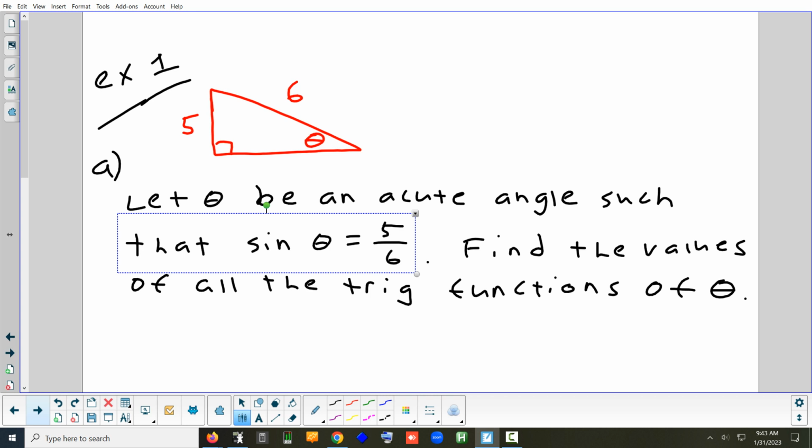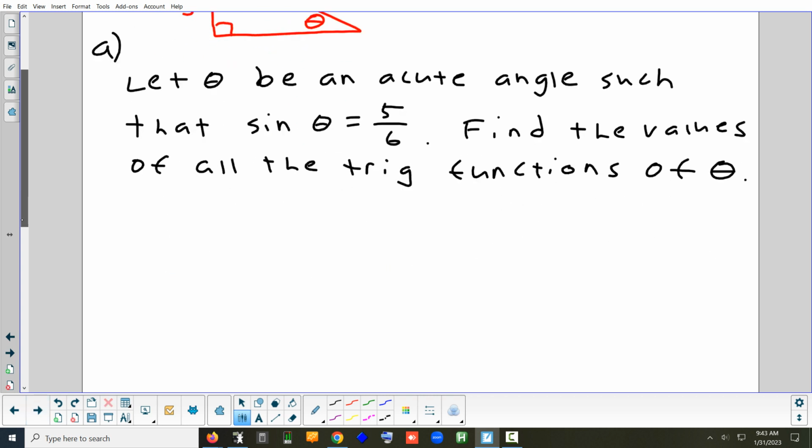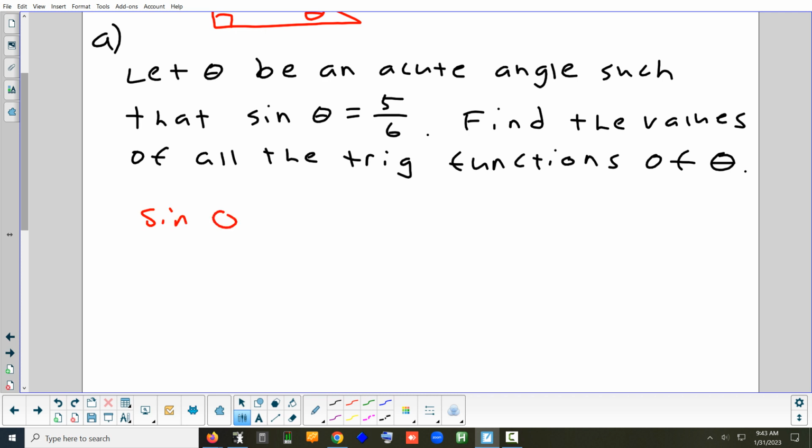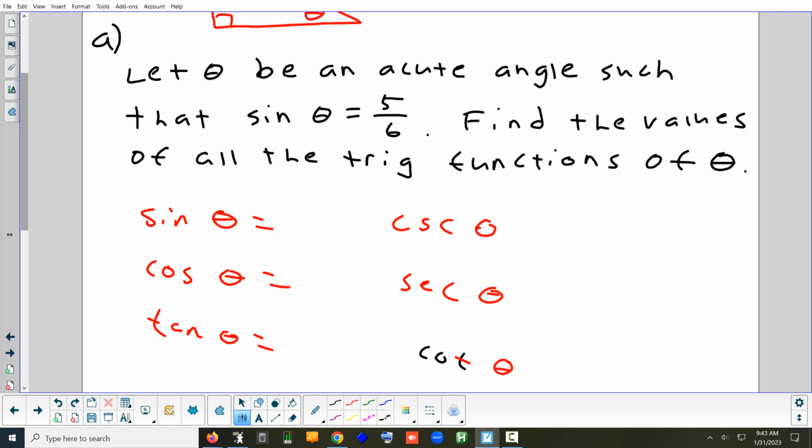Find all the other trig functions of theta. So this is what you have to do. All 6.